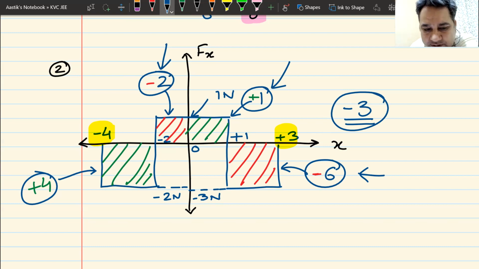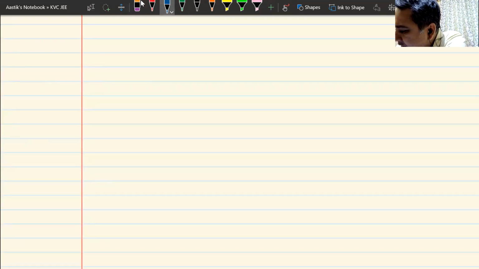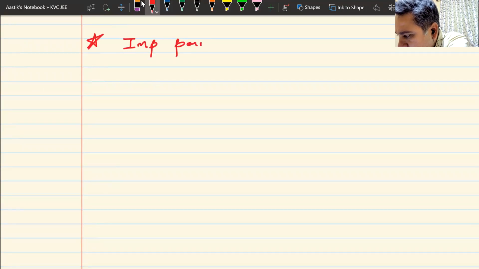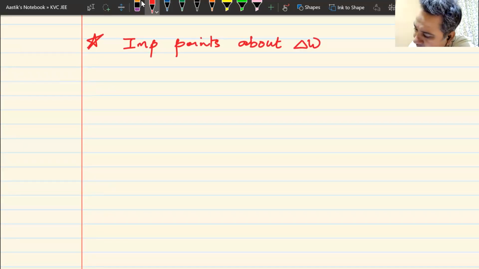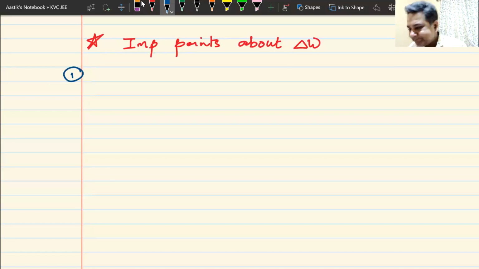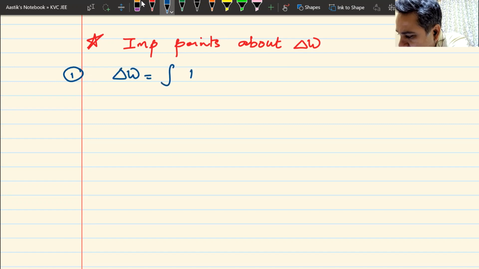Else we will move ahead with the next thing, and the next thing would be important points about work done. The first thing that you must understand is work done is integral of F dot dr, right?